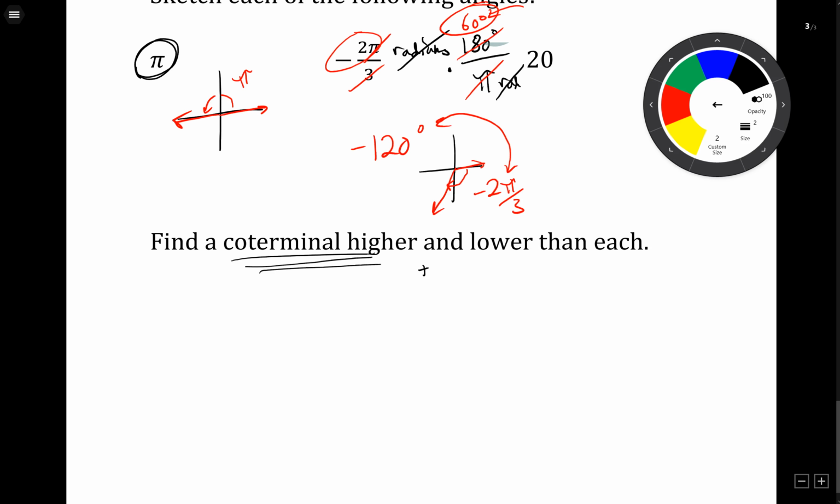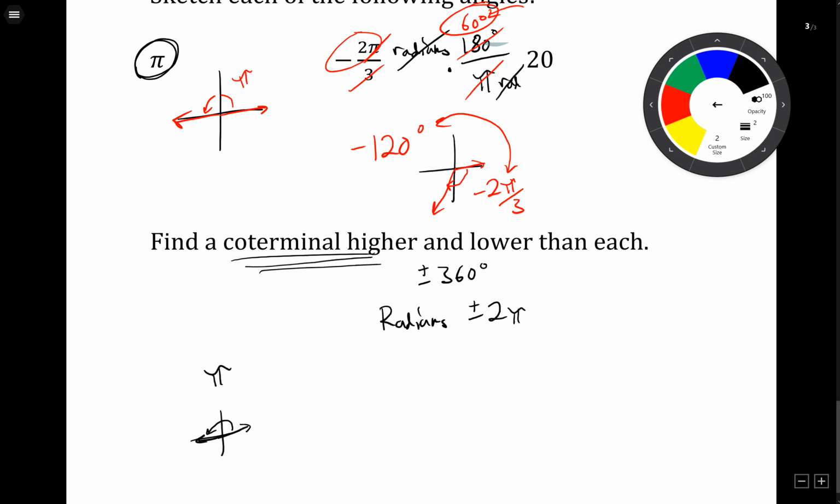Now, we remember with degrees, finding coterminals was as simple as adding extra loops, which meant adding or subtracting 360 degrees. So for radians, we're still adding an extra loop or taking it away, but here, remember the loops are 2 pi. So in order to find coterminal angles here, I'm going to add or subtract 2 pi. So let's say I have my pi angle. That looks like this.